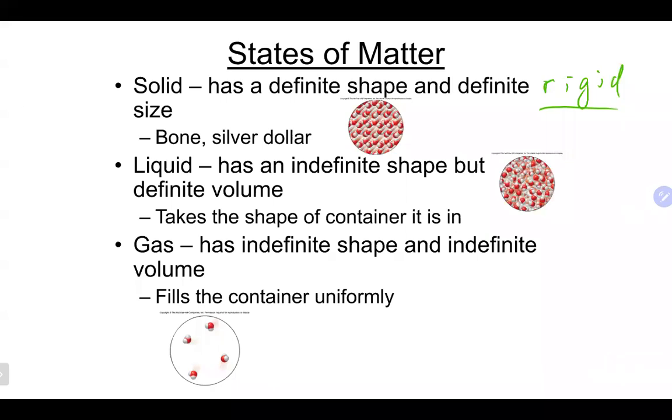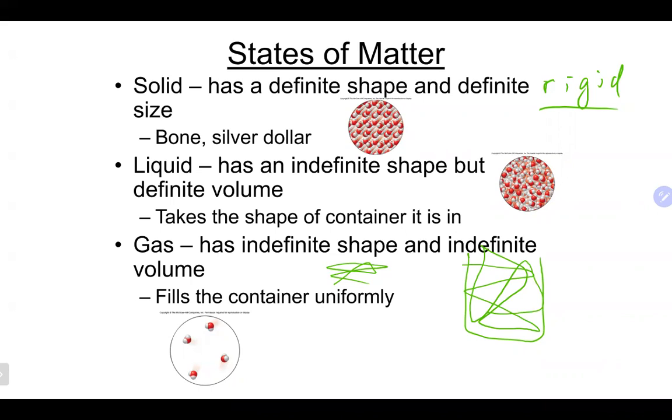Gas, on the other hand, has an indefinite shape and an indefinite volume. Typically speaking, because gas molecules are basically flying around, whatever container they're in, it is thought that they fill that container uniformly because they're just constantly moving around the container.